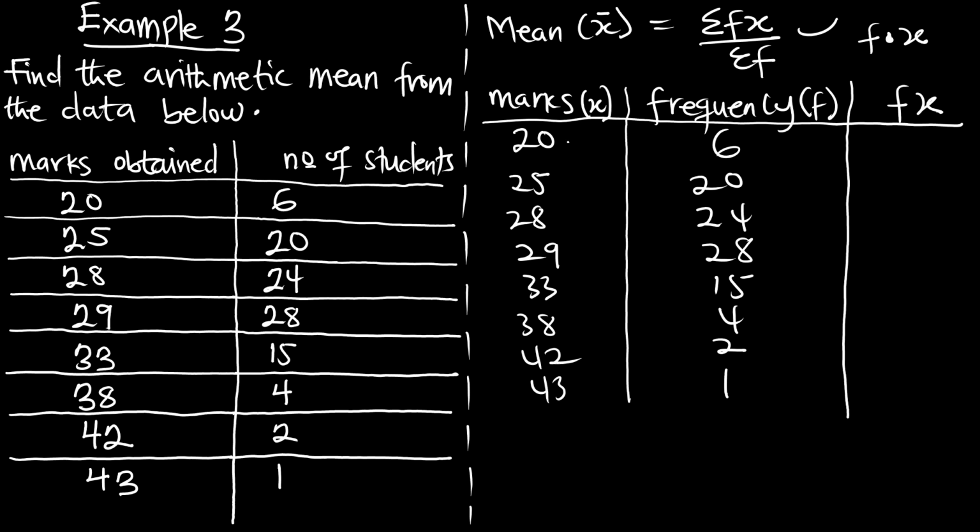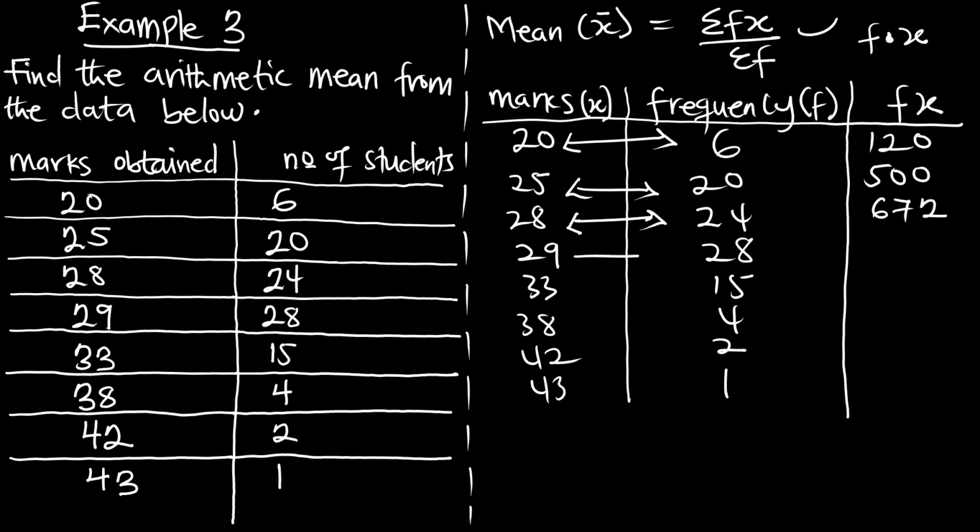20 by 6, that is going to give us 120. 25 by 20, that is going to give us the value 500. 28 by 24, that is going to give us 672.